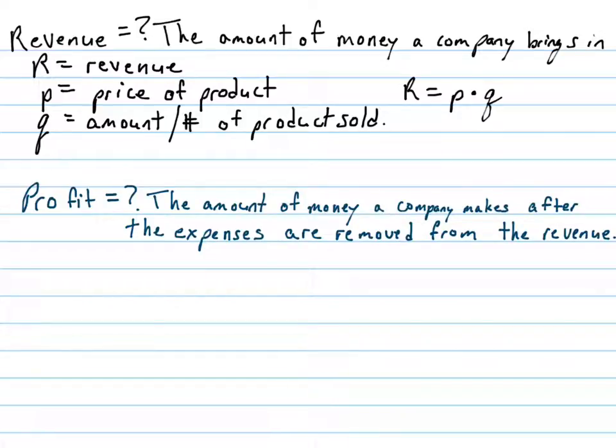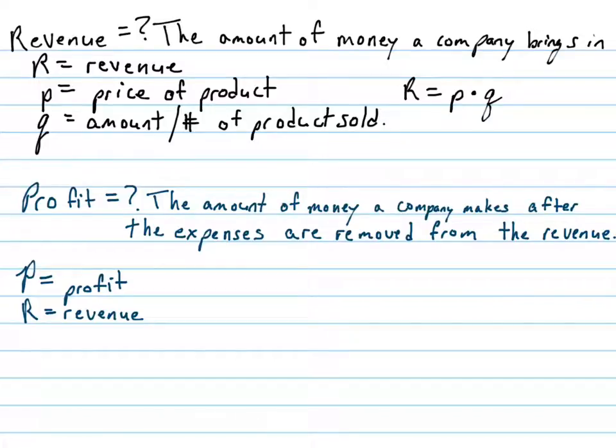So let's come up with some sort of equation for profit. All right? And we're going to let capital P, and we're going to make that a little cursive, okay? A little cursive capital P. That's going to equal profit. Okay? And then we're talking about what? Revenue, right? So again, we have our revenue, which was capital R. And then we have something new, our cost of production.